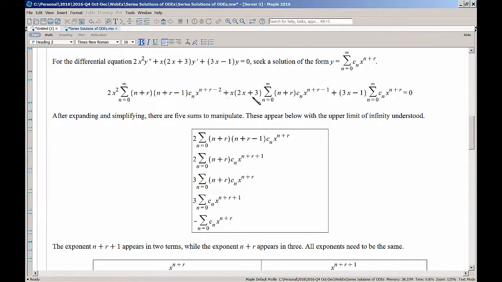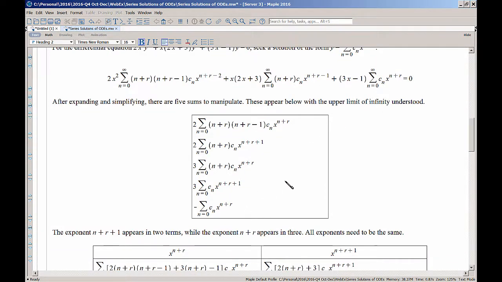And this will be a 3x. So the x will take care of this minus 1 power, and you'll have an n plus r term. This x will go in here, and this will go up to n plus r plus 1. That's this term. And the 1 will go out front here, and you'll have an n plus r.